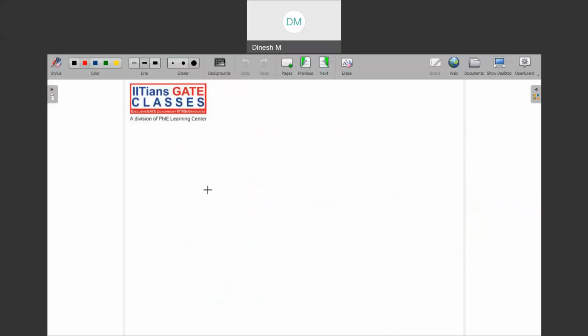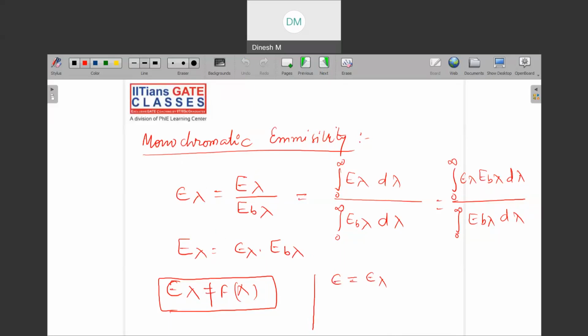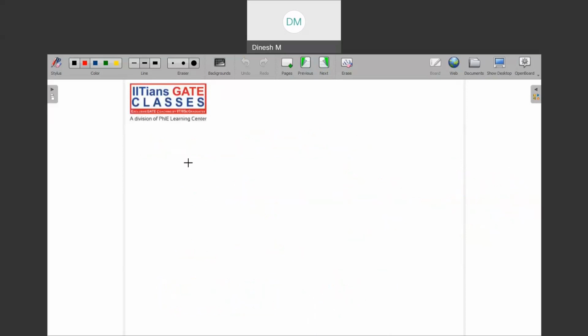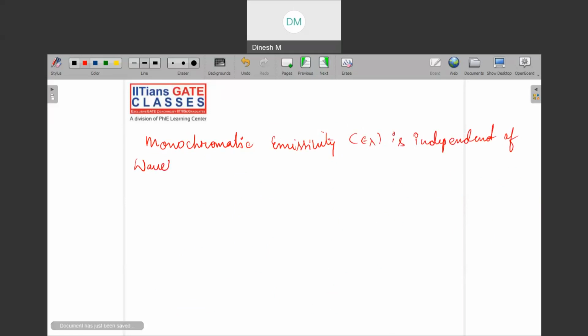This is valid for those bodies whose spectral emissivity is independent of wavelength. Whenever my monochromatic emissivity epsilon lambda is independent of wavelength, then I term these bodies as what?